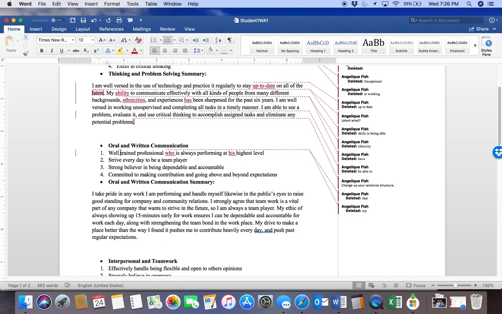Also, well-trained is coming together to create one word that describes what kind of professional, so we need to hyphenate that. So well-trained professional, strive every day to be a team player. Okay, so we started this one with the noun, professional, and then strive every day, strive is a verb. Strong believer, noun, and being dependable and accountable.